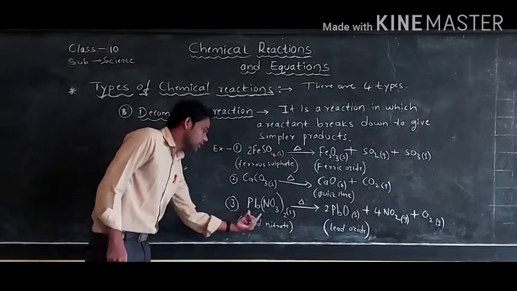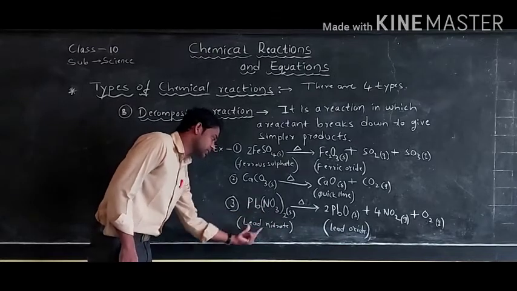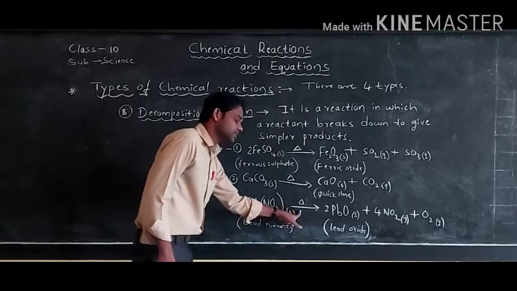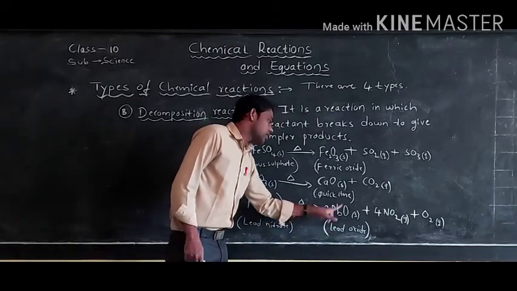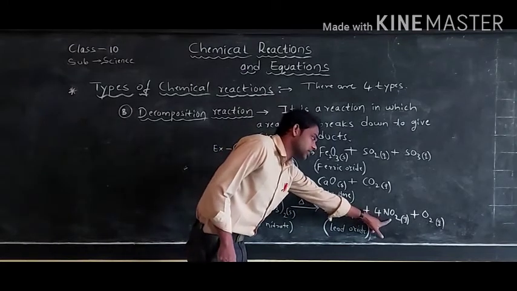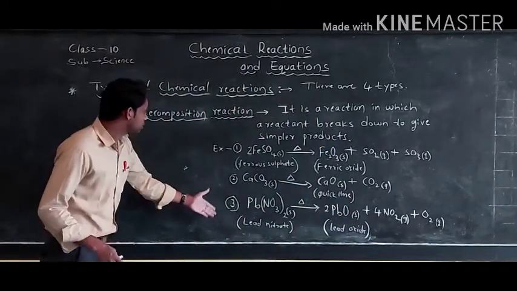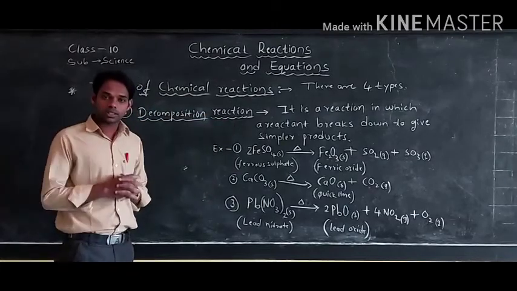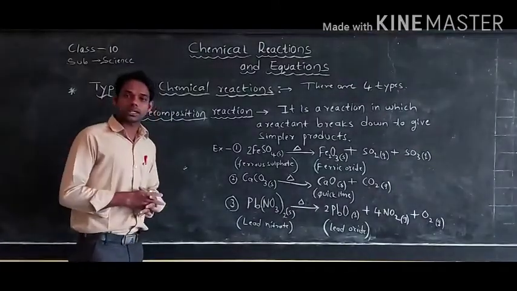Third one, Pb(NO3)2 means lead nitrate. When lead nitrate is heated, it gives lead oxide, nitrogen dioxide and oxygen. These are the examples of decomposition reaction. Understood, students? Still two examples are there.